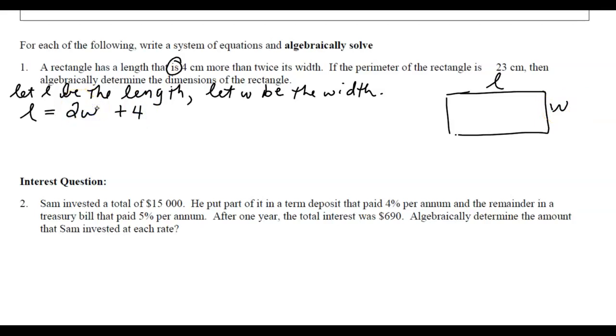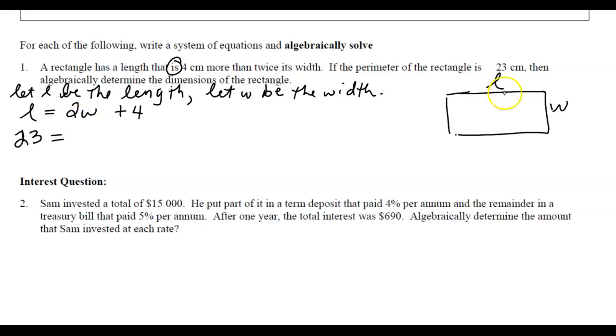Now in this case, if you put 4 plus 2W, it's going to be the same because it's adding. But if you have less than, then it has to go afterwards, right? In any case, we've got that. Then it says the perimeter is 23. Well, the perimeter, okay, is 23.